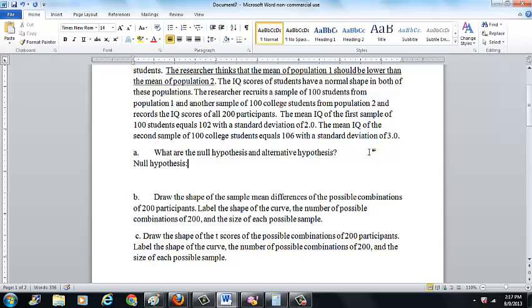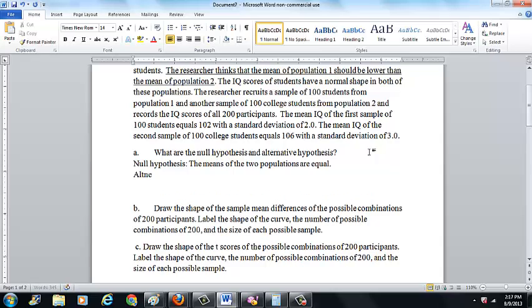Null hypothesis is just the possibility that the means of the two populations are equal. Our alternative is what the researcher is trying to support, which in this case is the possibility that the mean of population 1 is lower than the mean of population 2.